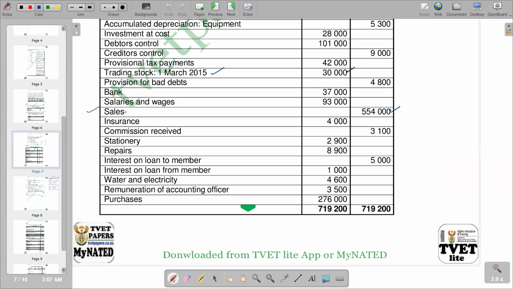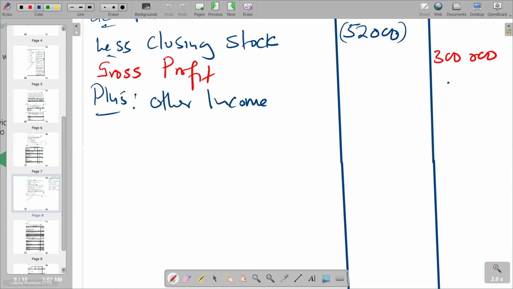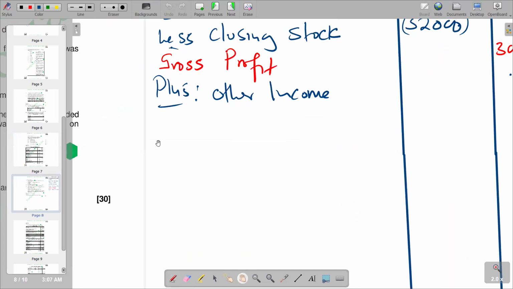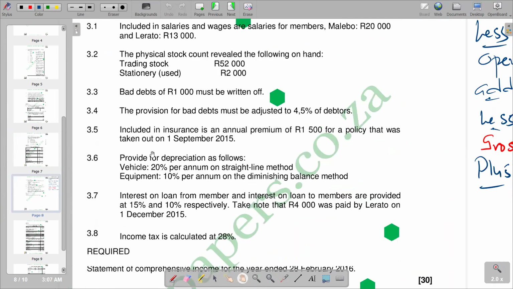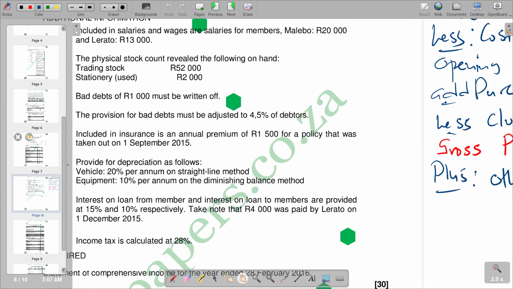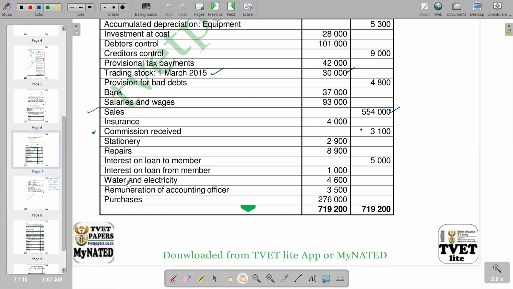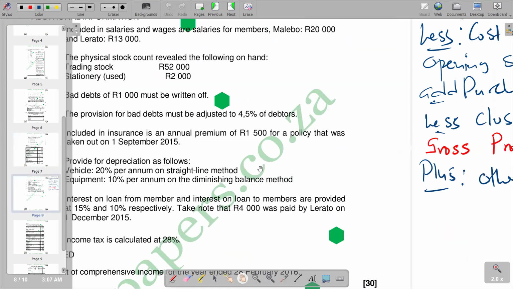So if you go down, you see that the first one we have is commission received with an amount of 3,100. Then you also have to check in additional information if there is anything affecting our commission received. Go item by item, and you see that there is nothing affecting it. So in that case, we are going to take our 3,100 as our commission received.